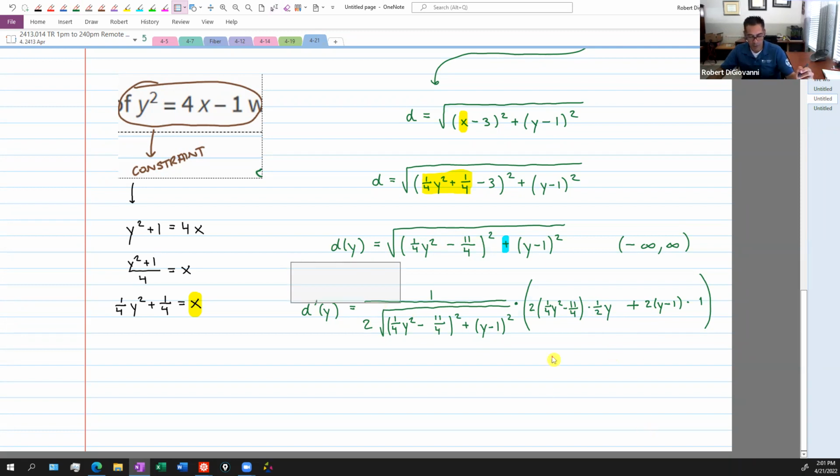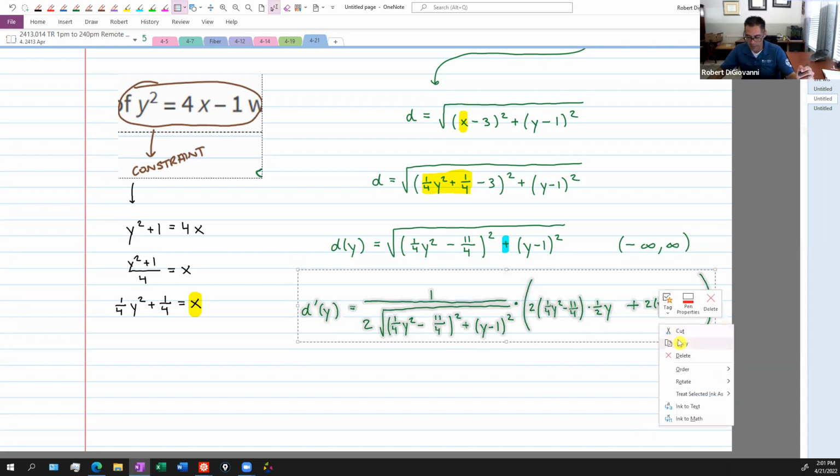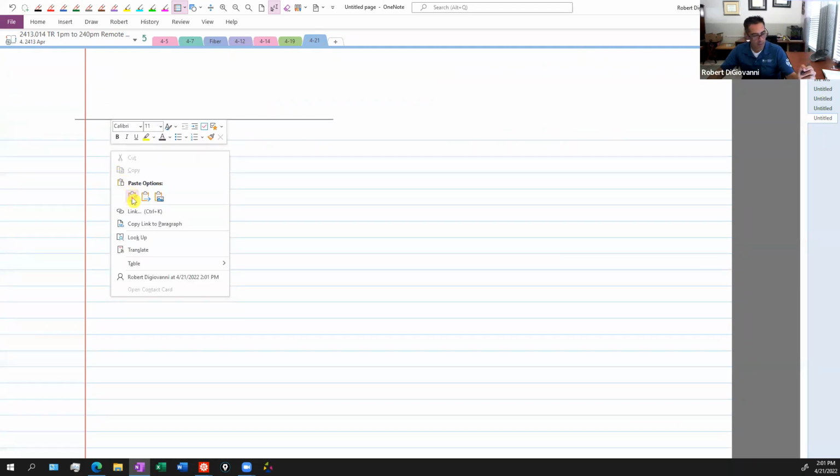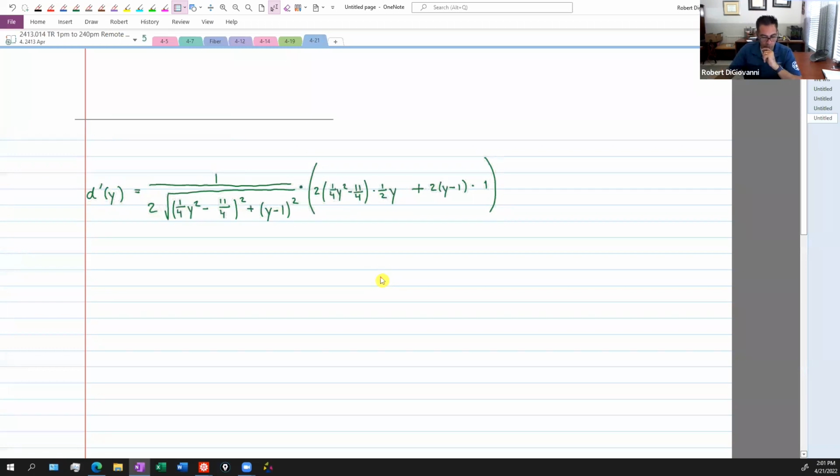I'm going to need a new page, so let me copy this. All right, some things I see happening here. This 2 and this half go away. And I can distribute the y through. And then I can distribute the 2 through.